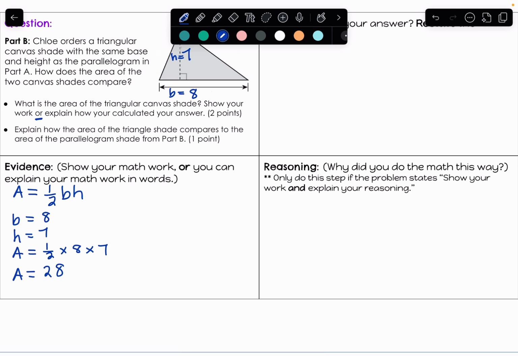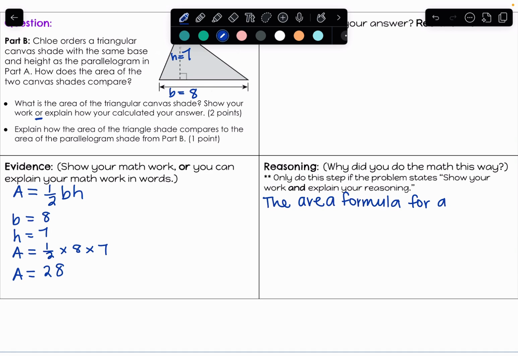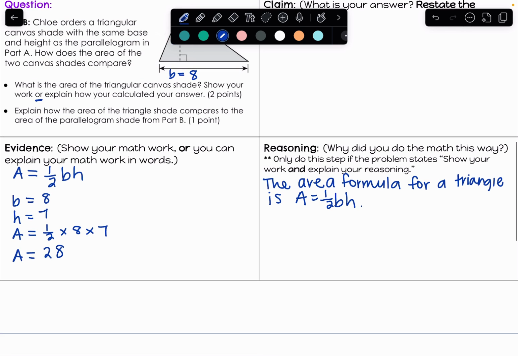I could also put it into words. The area formula for a triangle is A equals 1/2 times base times height. The base is 8 meters. And the height is 7 meters.